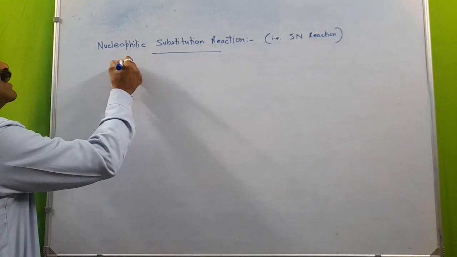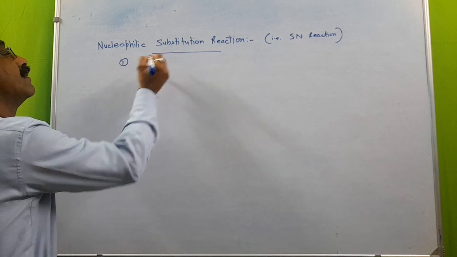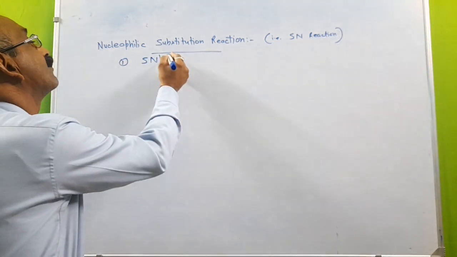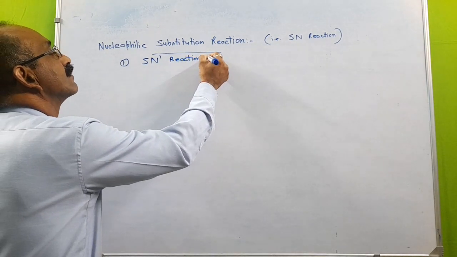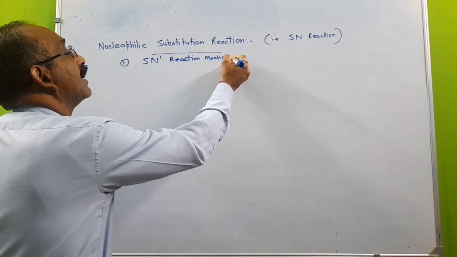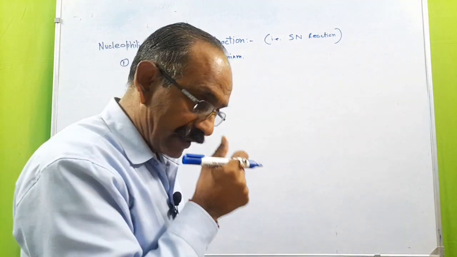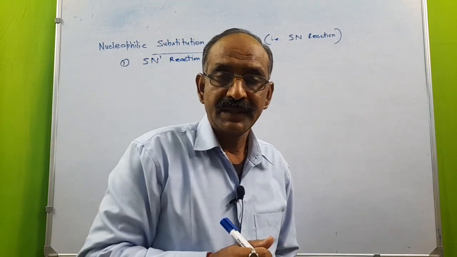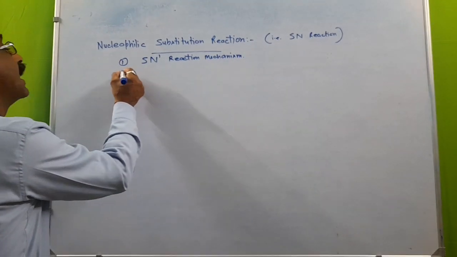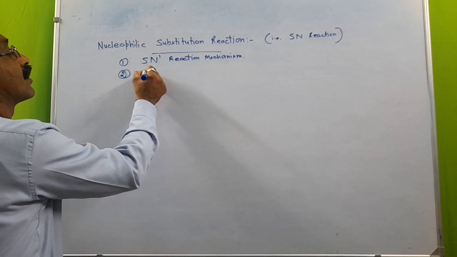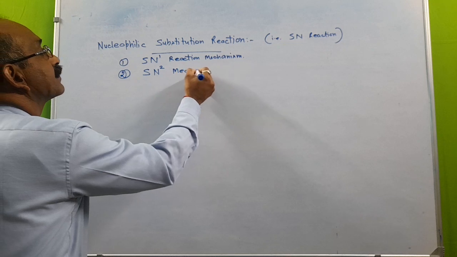One mechanism is the SN1 mechanism or SN1 reaction. This is also known as a unimolecular nucleophilic substitution mechanism or substitution reaction. And the other mechanism is the SN2 mechanism.